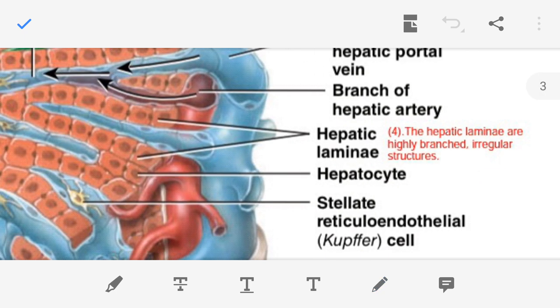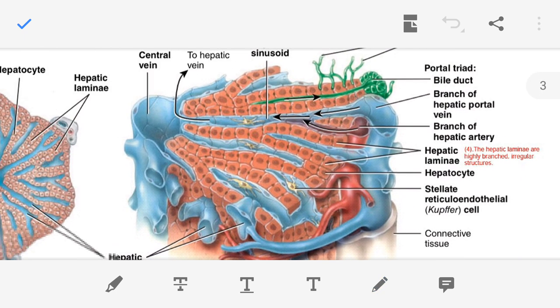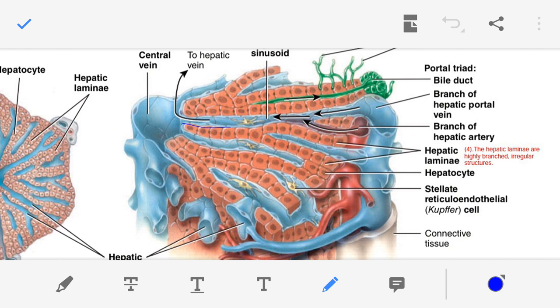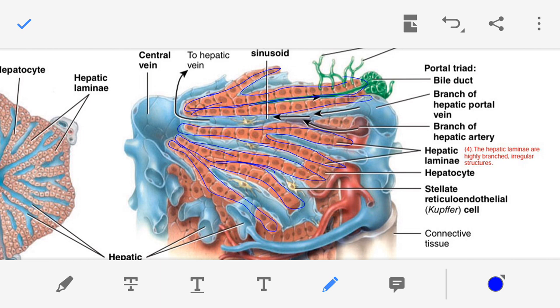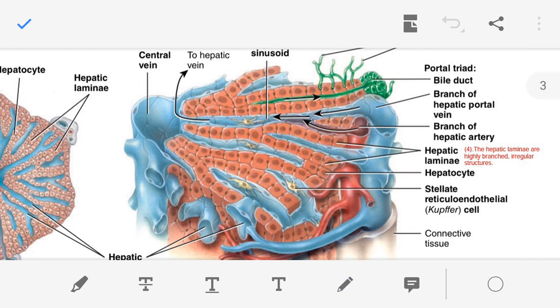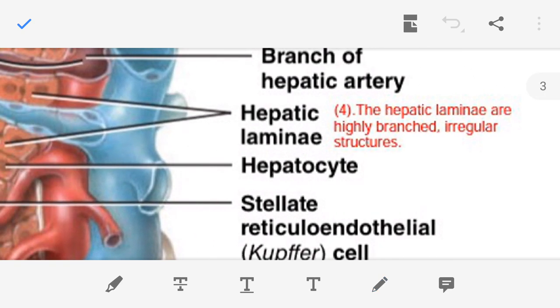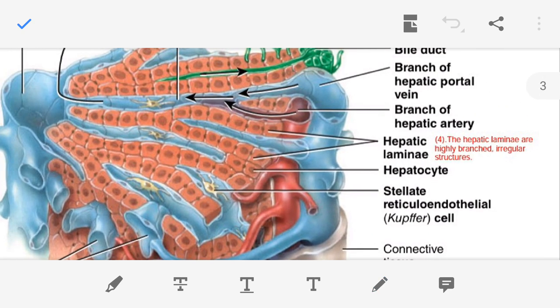In the figure I am showing you, this one is the hepatic lamina, this is the branch of the lamina, this one is the hepatic lamina, and there are so many branches and there is no regular pattern. So the hepatic laminae have an irregular shape. So fourth point, hepatic laminae are highly branched and irregular structures.